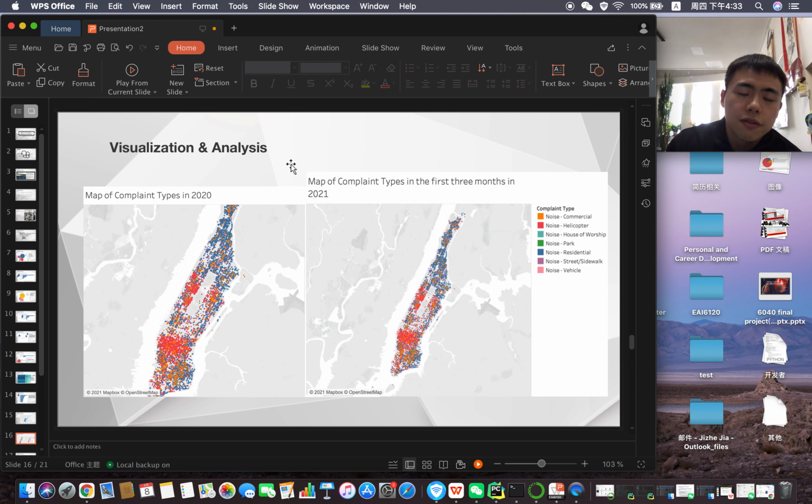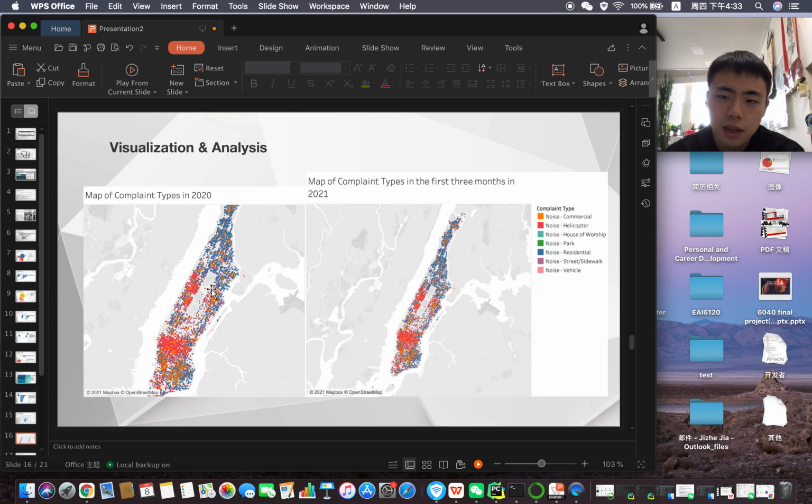Then I will give a more specific spatial visualization, the map of complaint types in 2020 and the first 3 months in 2021. We can find these two graphs are similar in the color distribution and the density distribution.